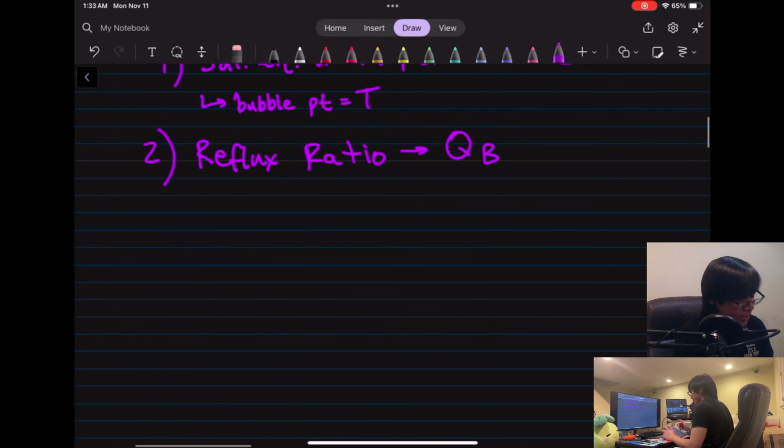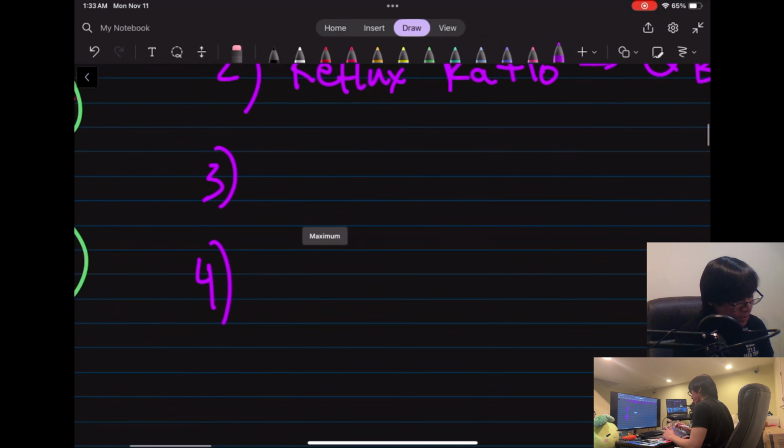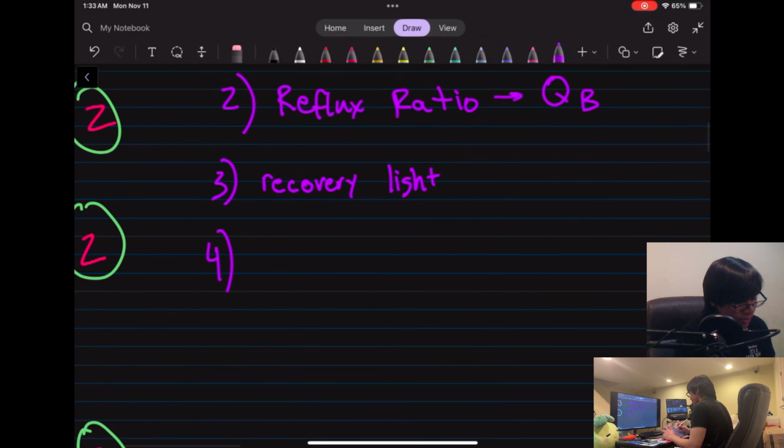So now these next two are things we haven't talked about before. We're going to mention them here. We have recovery rate of the light key. This refers to one of the components, recovery of light key. So we use LK, and I'll just put RR again. This is recovery rate.